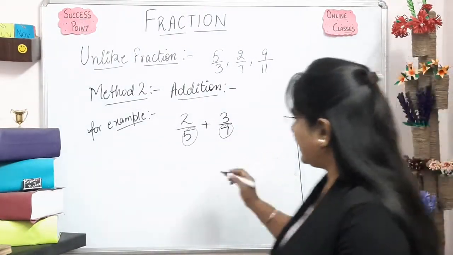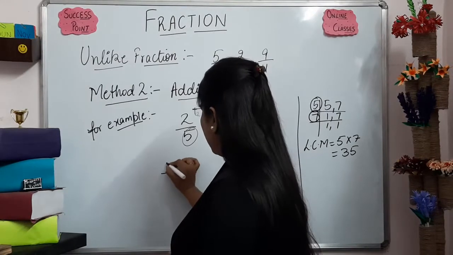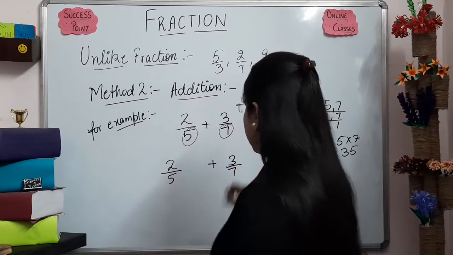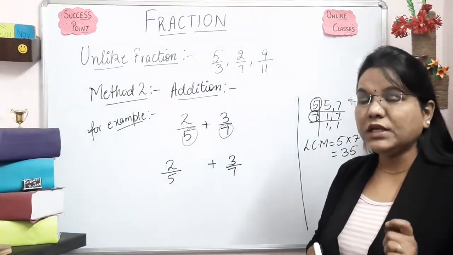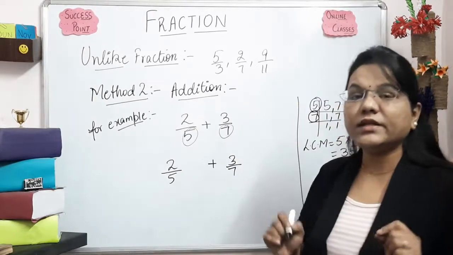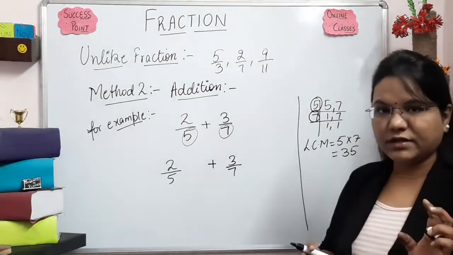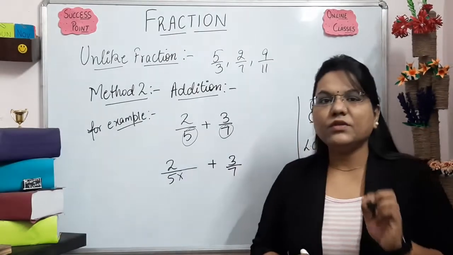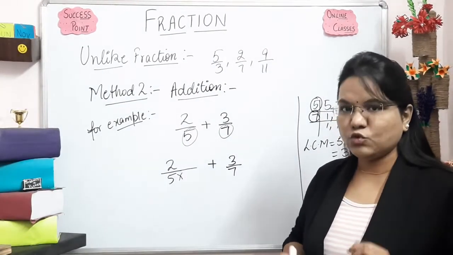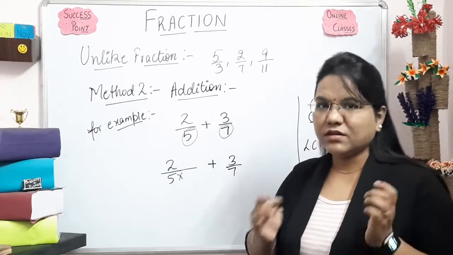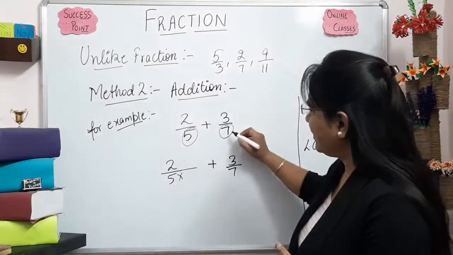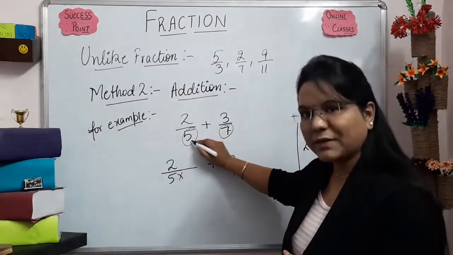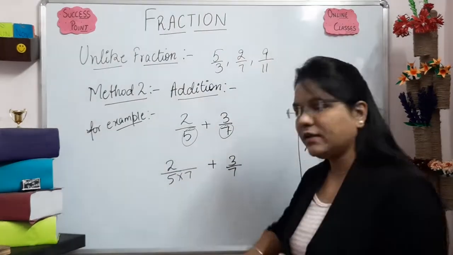Okay. Now what do we have to do? We have one number 2 by 5, and on the second side we have the number 3 by 7. We need to make the denominator 35 because we are getting the LCM as 35. How to make 35? With which number should we multiply 5 to make 35? 7. 5 into 7 is 35. If you multiply 7 on this side, you can easily get 35.